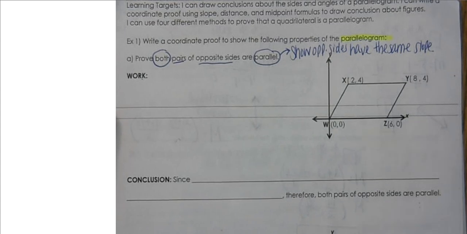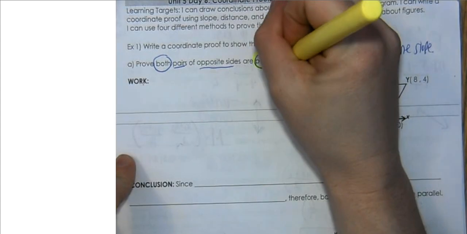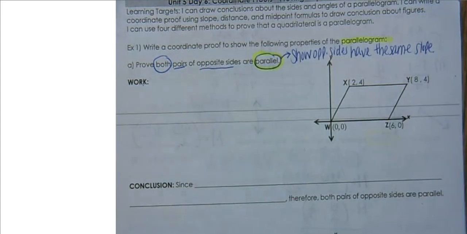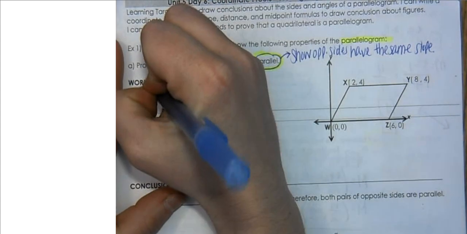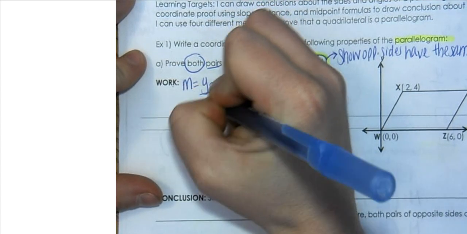And whenever you're doing a coordinate proof, we always start off by writing out the formula that we plan to use. And since this is parallel, remember parallel, perpendicular, right angles, that indicates that we're going to be working with our slope formula. So we always write out our formula. That's going to be lowercase m is y2 minus y1 divided by x2 minus x1.